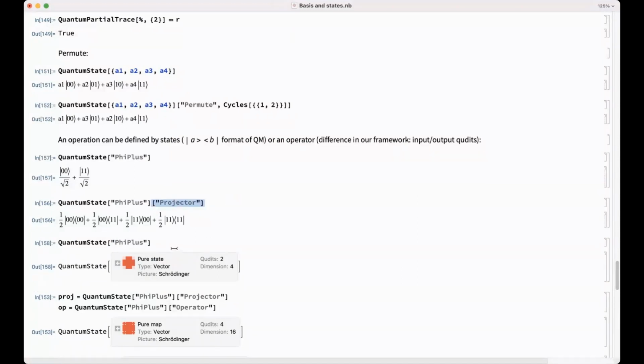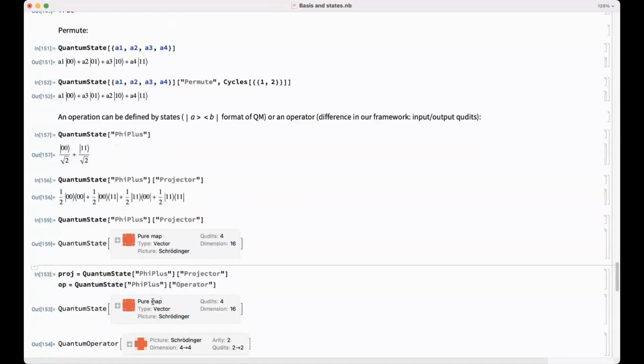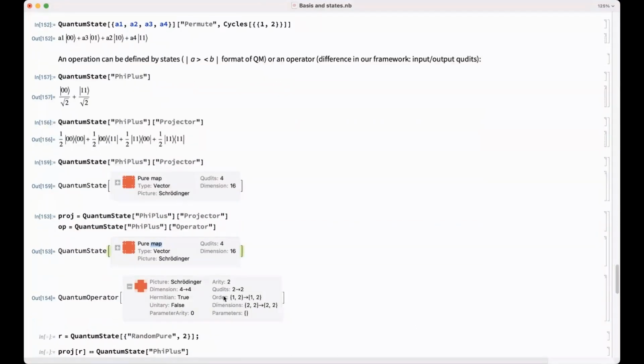Because if you ask for a projector, it says pure map, right? So this way we can represent states. That's how we distinguish states from operators. Operators can act like states, but they have an additional order, because you can think of operators more like gates, because you know where you apply them in the circuit environment. But you can still forget about circuits completely and work with pure maps.